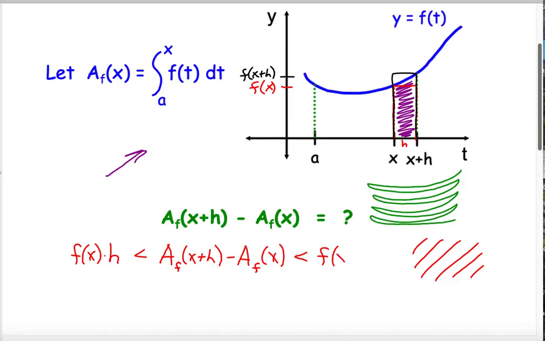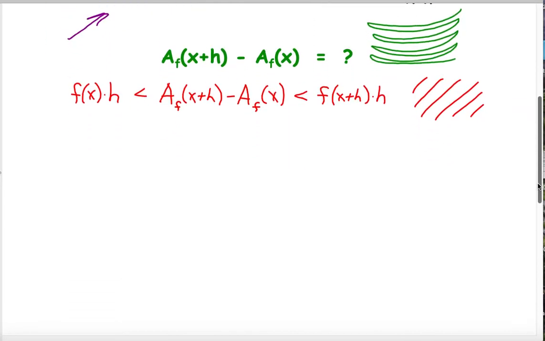So f of x plus h times h. So this thin strip of purple shaded area here under the curve between x and x plus h is going to be greater than this rectangle and less than this rectangle. All right, so now let's work with this inequality.